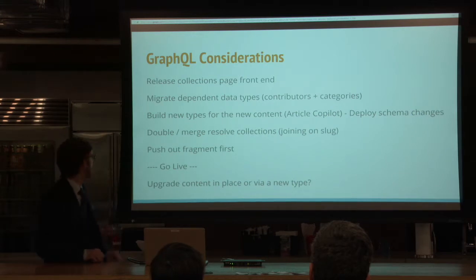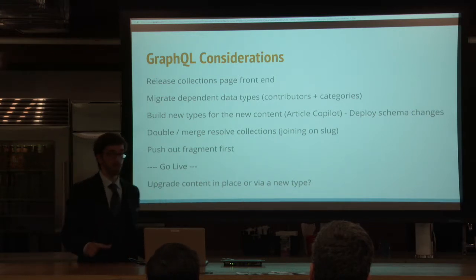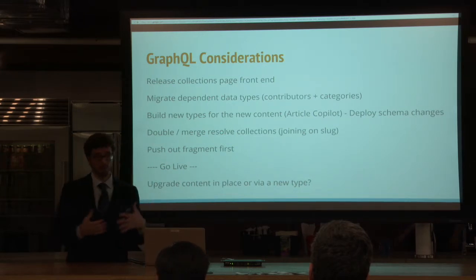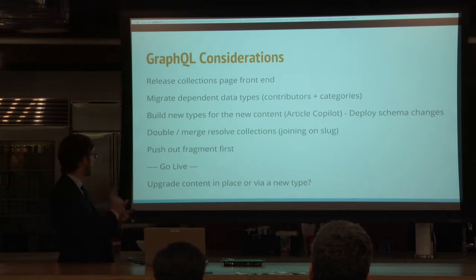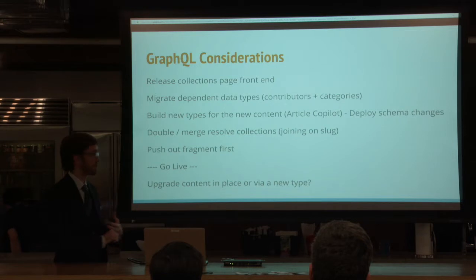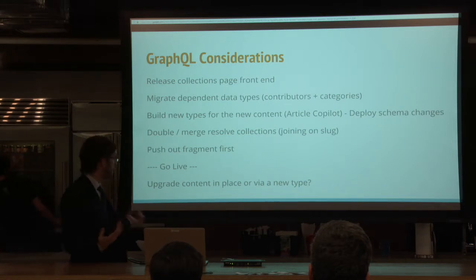That's not good. So get all of your collection pages. For us, that's feed types, that's our indexes, search I mentioned before, author pages. Get all of those migrated first. Migrate all the dependent data types. I mentioned earlier that we migrated all of the contributors and categories first, and then we had a strategy on how to get images. Build the new types for the new content.